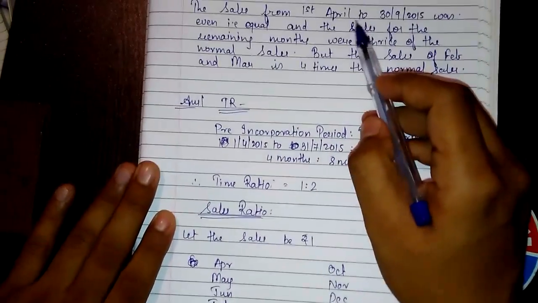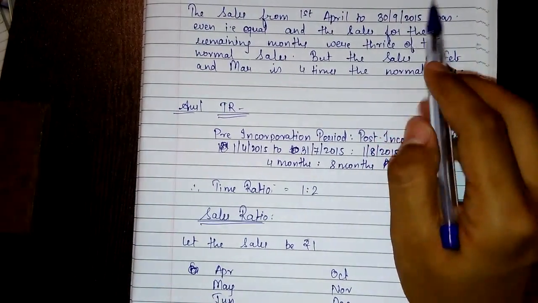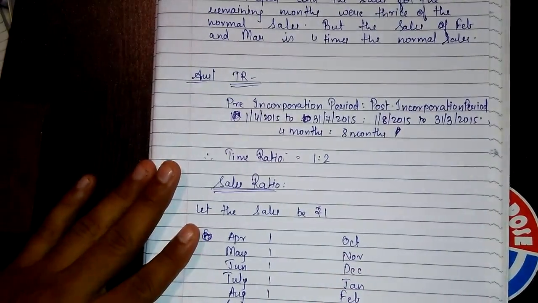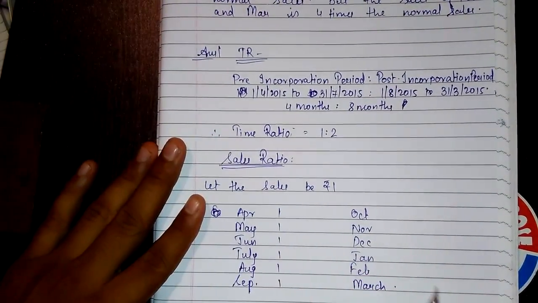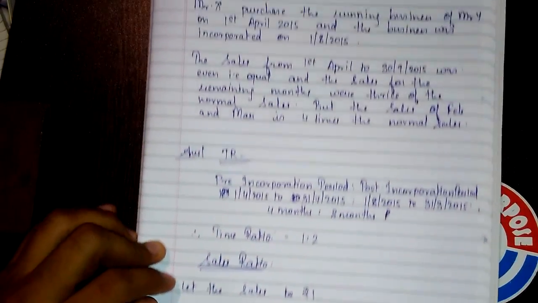So from 1st April to 30/9, that means till the entire month of September, the sales are even. That means 1, 1, 1, 1, 1, 1, so it is rupees 1 each.